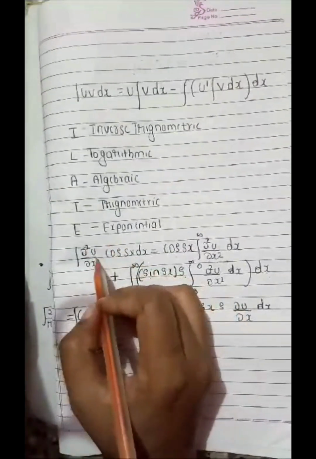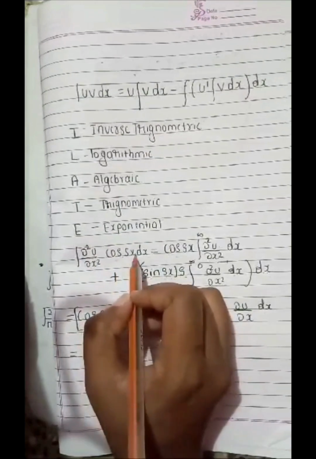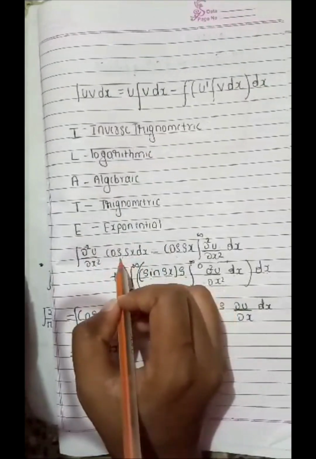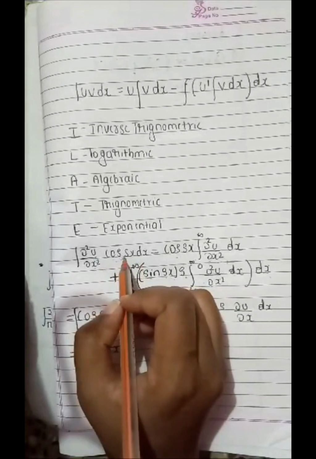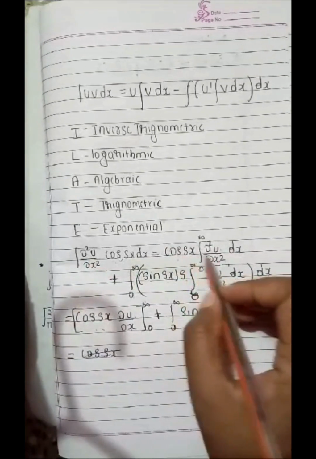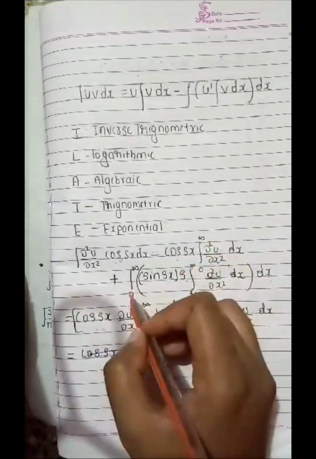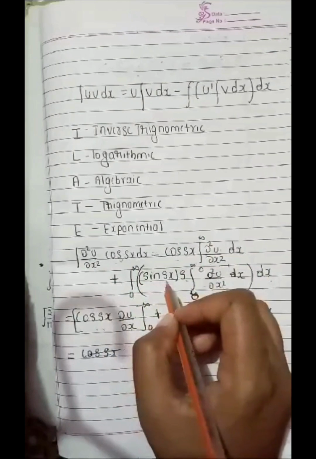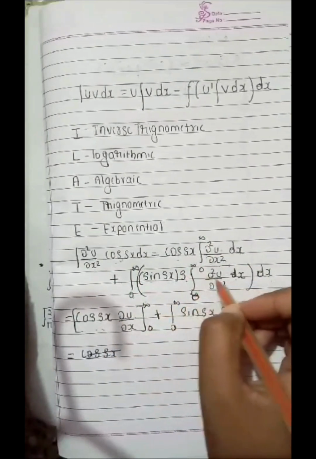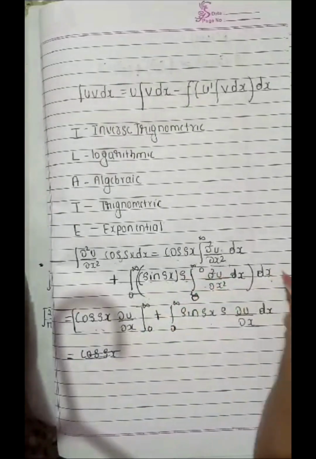So ∫₀^∞ ∂²u/∂x² cos(sx) dx = [cos(sx) ∂u/∂x]₀^∞ + s ∫₀^∞ sin(sx) ∂u/∂x dx.